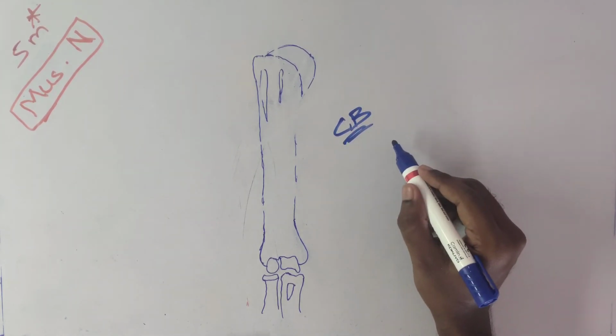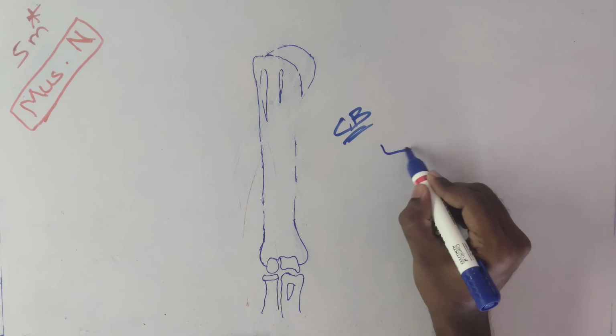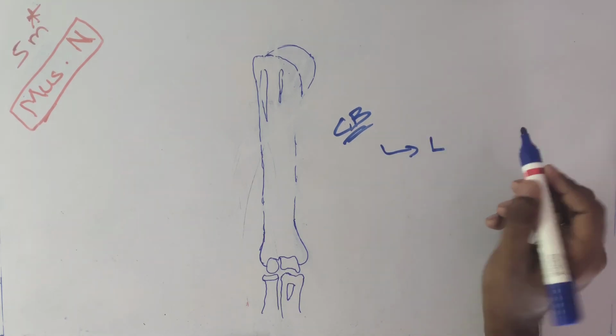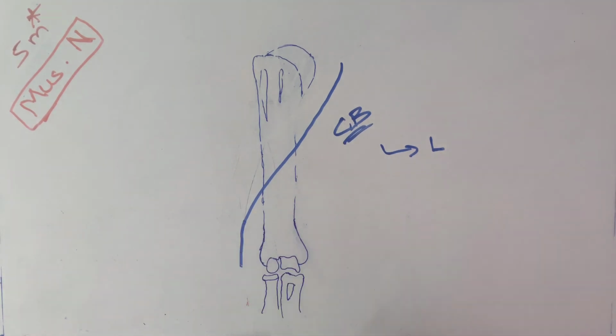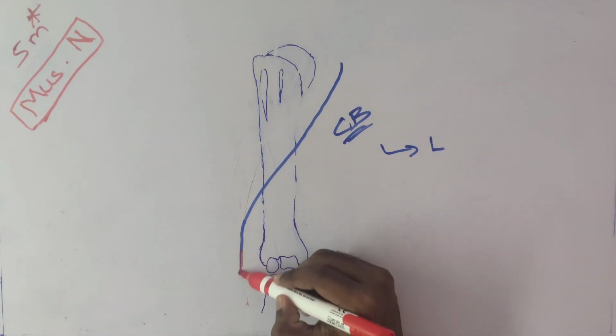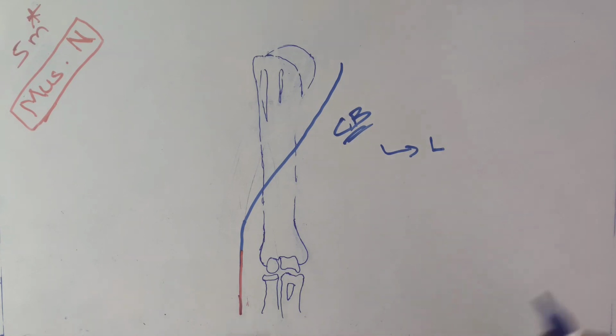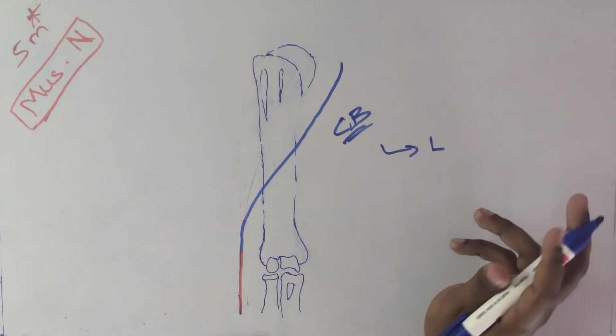See, this musculocutaneous nerve, through the lateral cutaneous nerve of the forearm, communicates with the neighboring nerves.